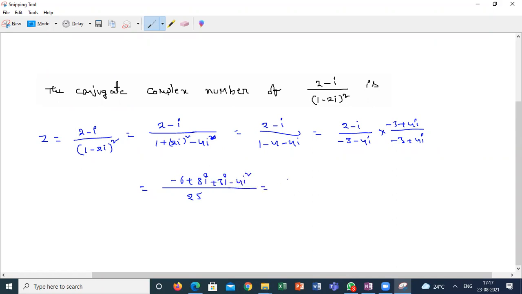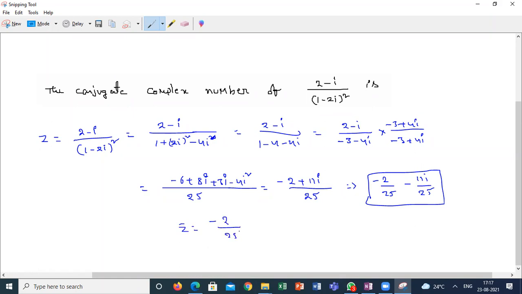This will be minus 2 plus 11i divided by 25. So the conjugate of this is minus 2 by 25 minus 11i by 25. So Z bar is equal to minus 2 by 25 minus 11i by 25. This is the conjugate complex number of the given number.